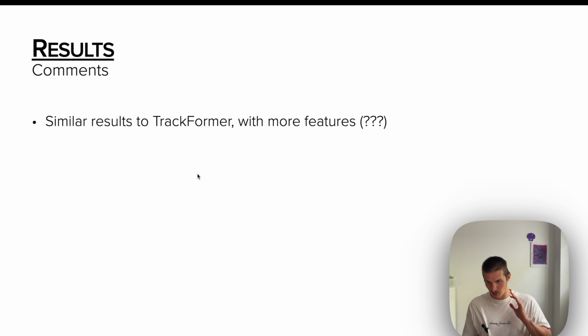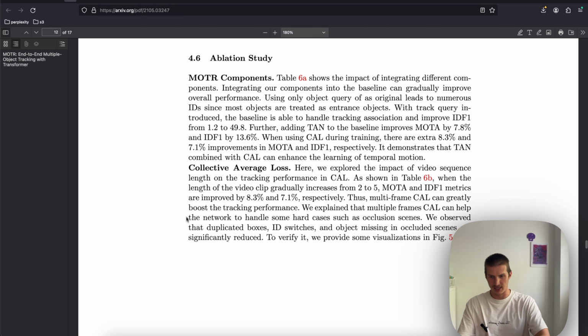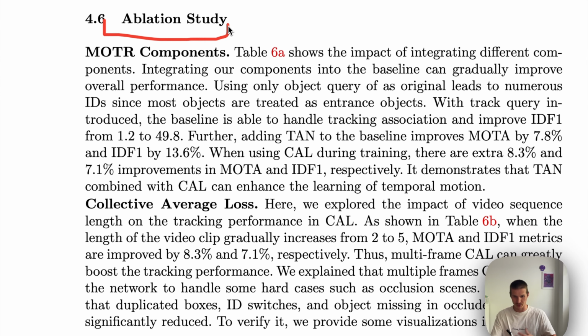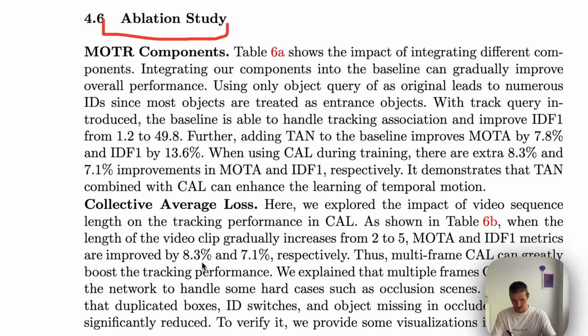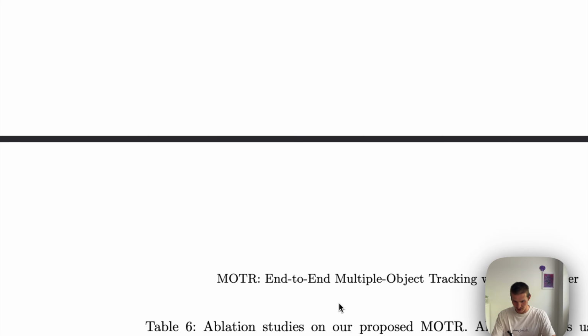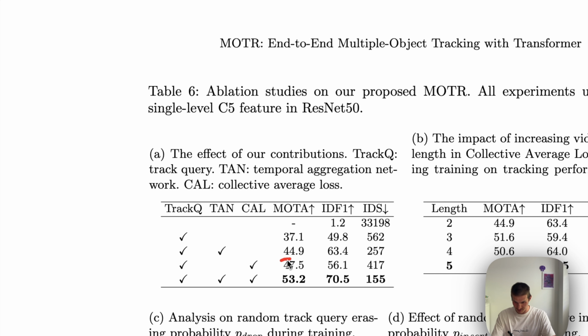So to sum up, results on the main dataset MOT17 seem to be similar to TrackFormer, which is really weird because if you look at the ablation studies in the MOTR paper, they will tell you stuff like the metric improved by 8% from this collective average loss and using 5 frames, and then it improves by something like 6% from this time aggregation network, and so on and so forth, despite the fact that TrackFormer uses none of these and still gets the same result.